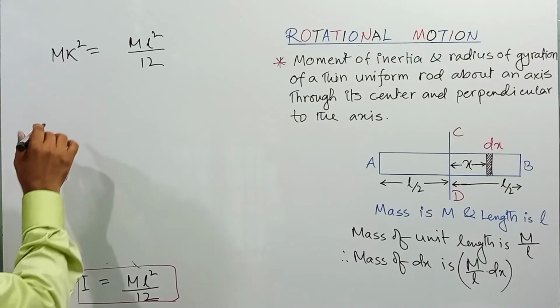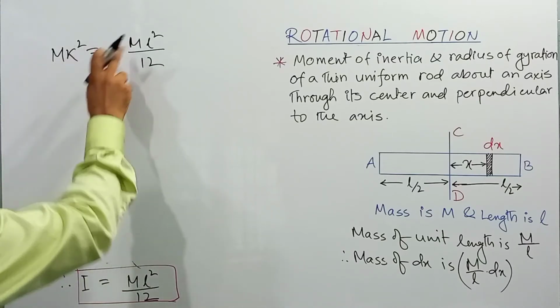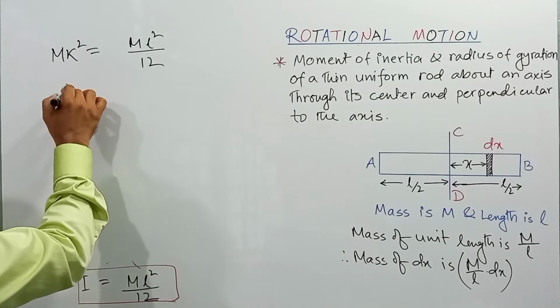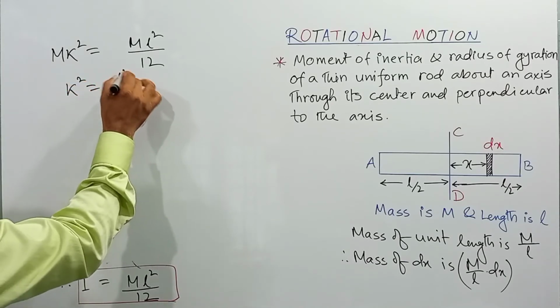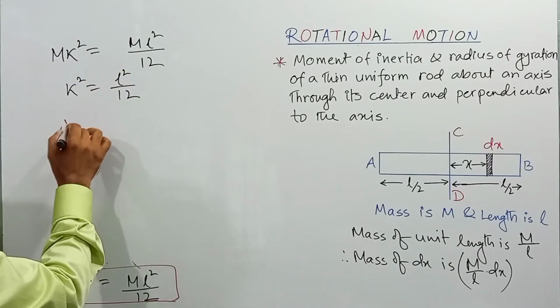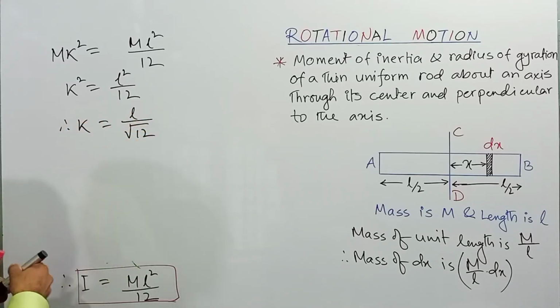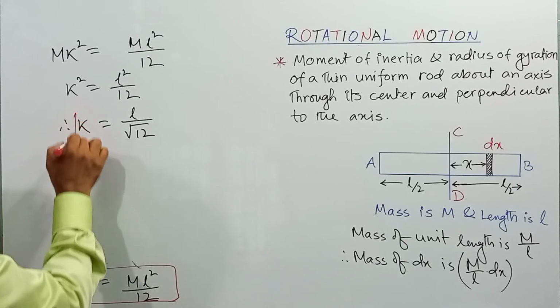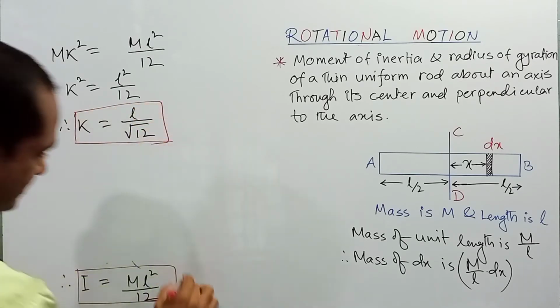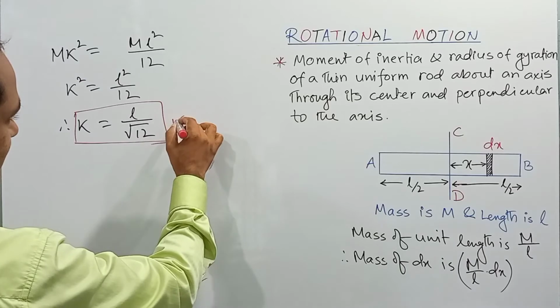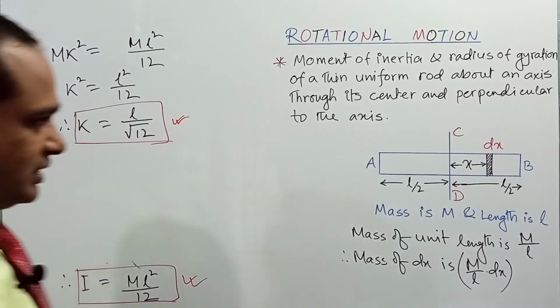After the simplification, that is omitting m from both sides, you will get k square is equal to L square by 12. Therefore, k is equal to L divided by root 12. So dear student, this is the expression for radius of gyration, and this is the expression for moment of inertia. Okay, I hope you got it.